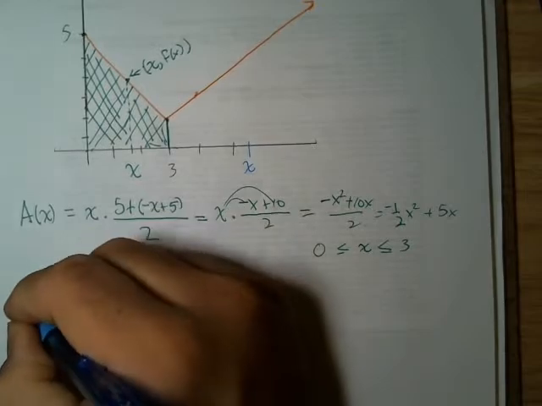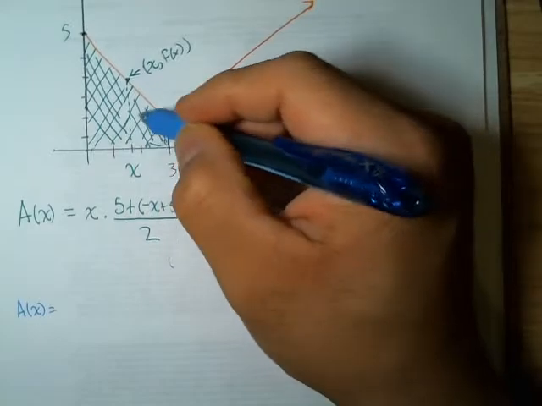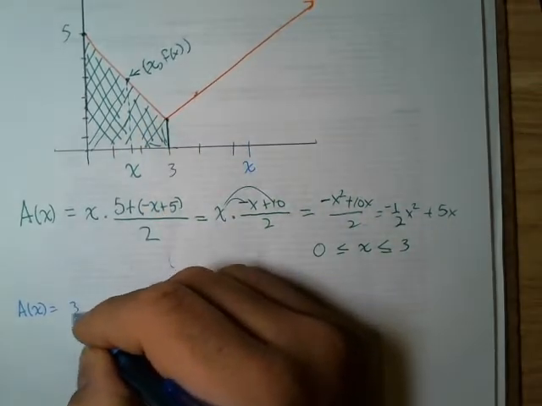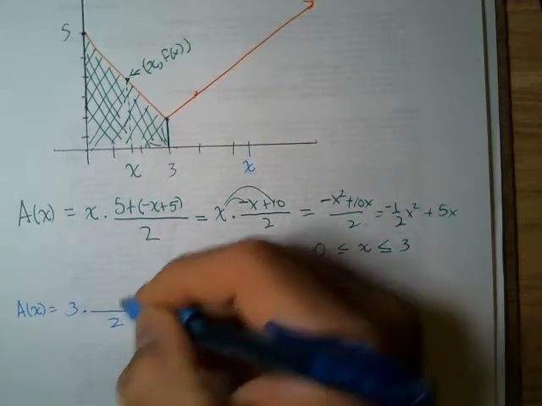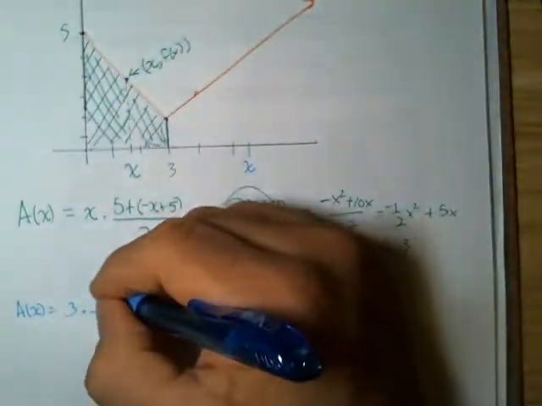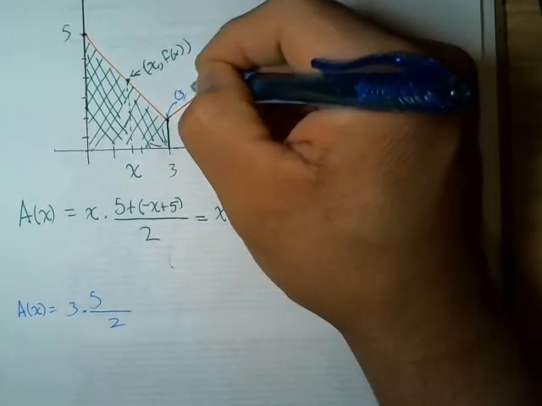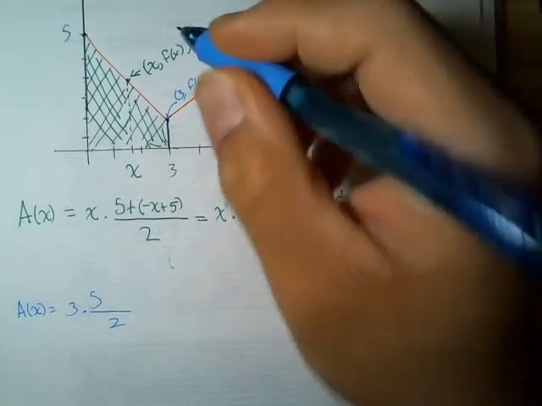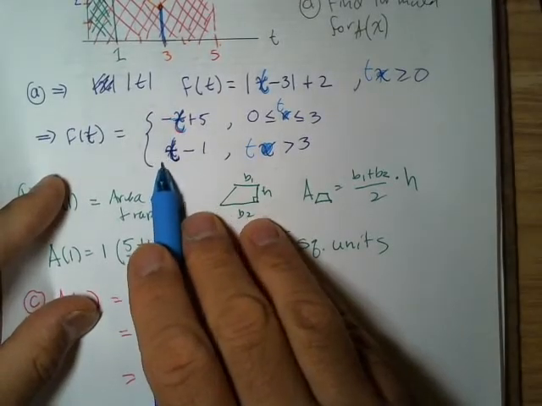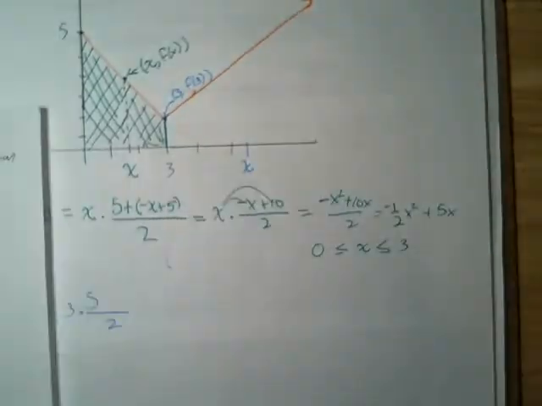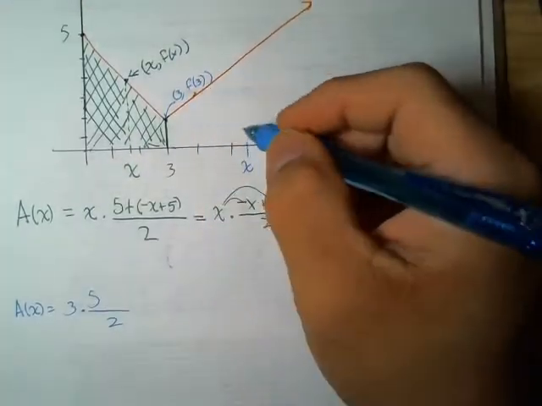So that formula will always include this part. And that part has height of 3. One of the bases is always 5, and the other base would be the y value here, the distance here, which is f of 3. From my formula, f of 3 is 3 minus 1 is 2, so that second base is 2.